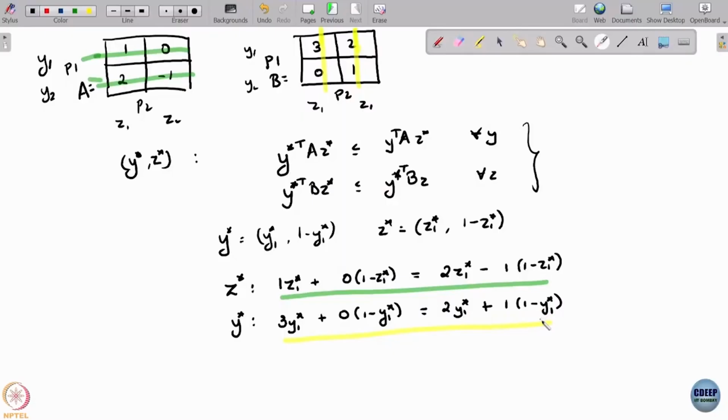And you would have several equations because you are equating the payoff from each pure strategy: 1 equal to 2, 2 equal to 3, 3 equal to 4, and so on.